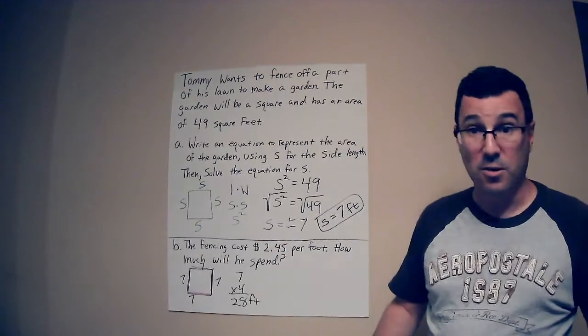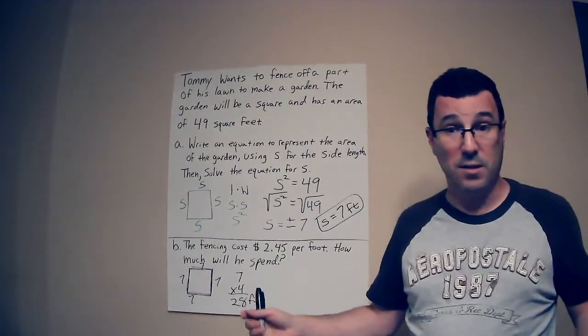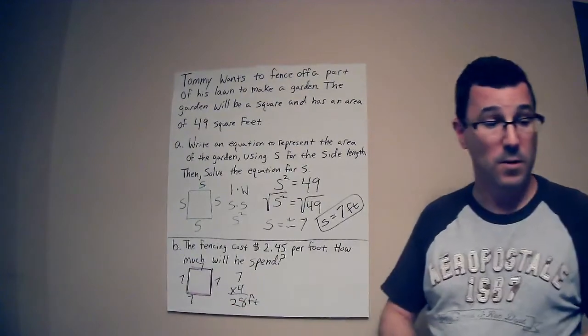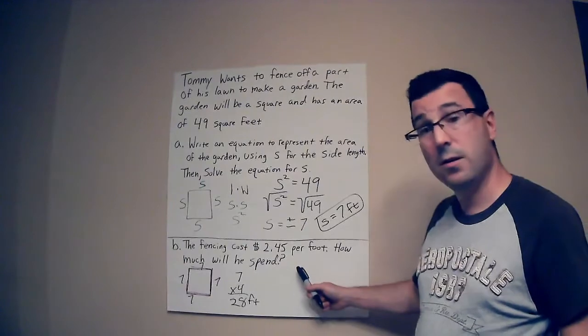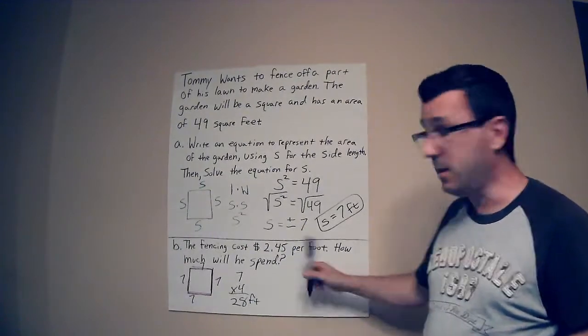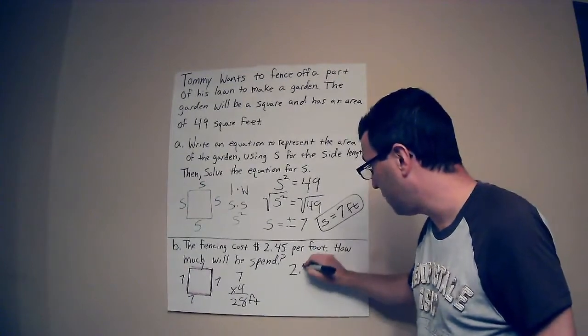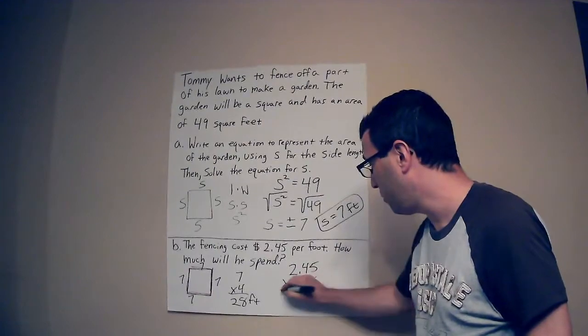Well, that's not our answer because it wants to know how much will Tommy spend to make this fence for his garden. So then all we're going to do is multiply 28 by $2.45. So $2.45 times 28.